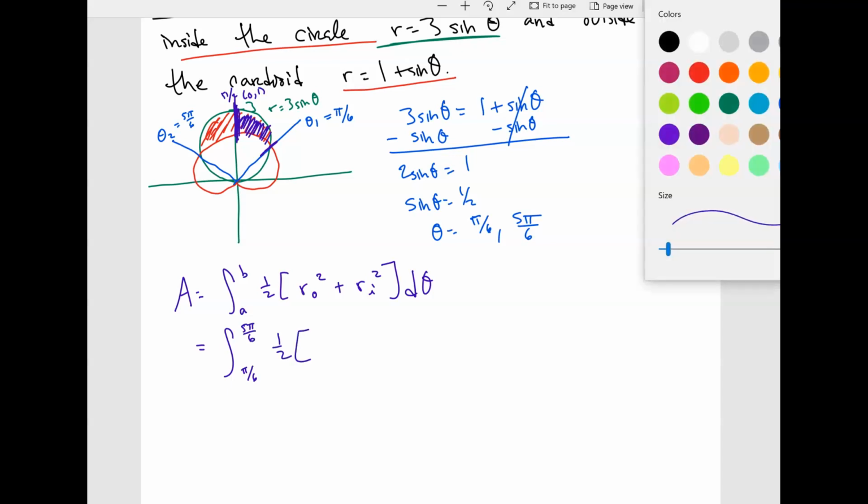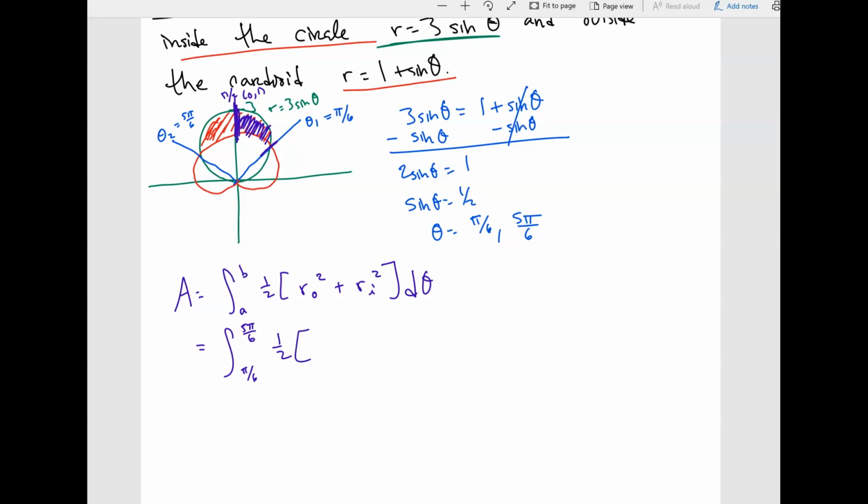Remember, I like to draw a little arrow from the pole all the way out. And you can see that the last curve that it hits is a circle. So this is going to be 3 sine theta squared minus the inner one, which is going to be the cardioid, which is 1 plus sine theta squared. There should be a minus. That would have been a huge mistake if this was a plus. Okay. So we're going to have something that looks like that, and then d theta.